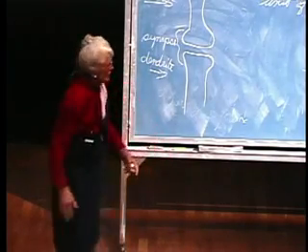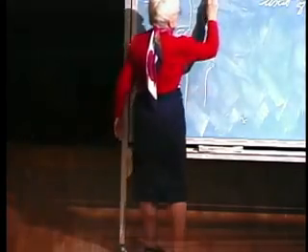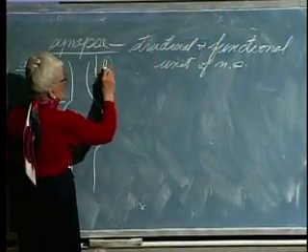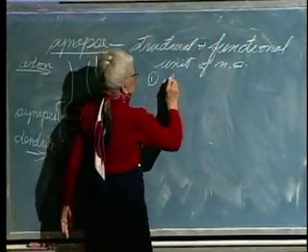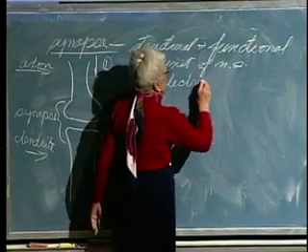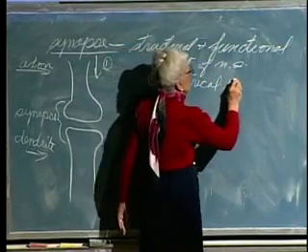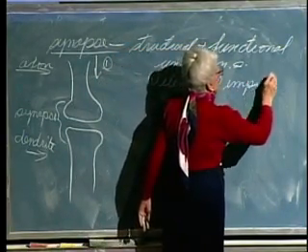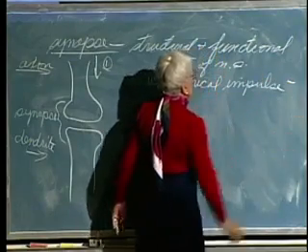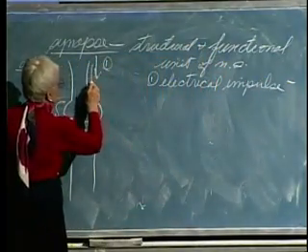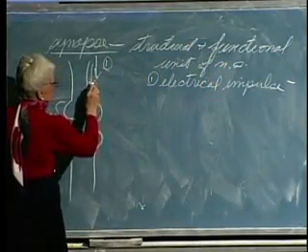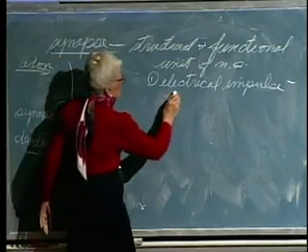So we're going to see how the electrical impulse is coming down. So one is the electrical impulse coming down the fiber, down the axon.